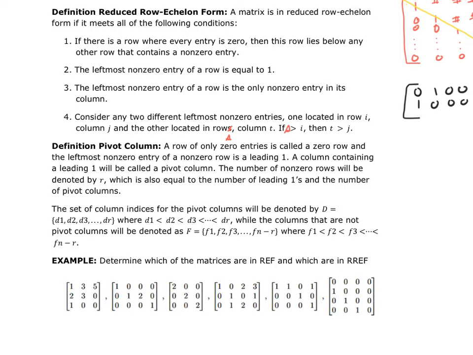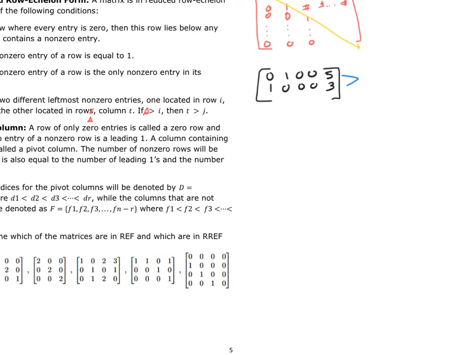This should be equal to the number of pivot columns. So if I look at this example here, once it's in the correct form, which would have been 1, 0, 0, 0, 3 and 0, 1, 0, 0, 5, this is a pivot and this is a pivot, and my R would equal 2 because I have 2 rows that have pivots in them.